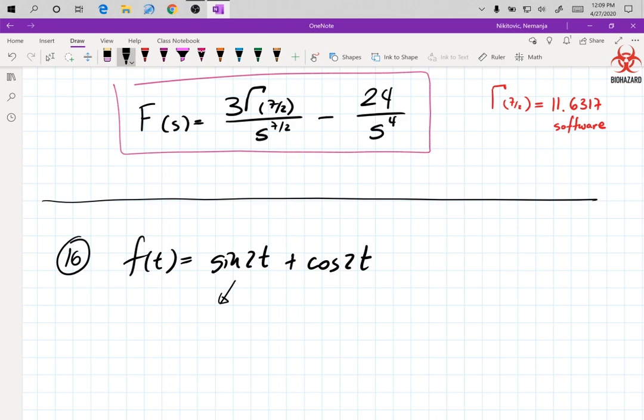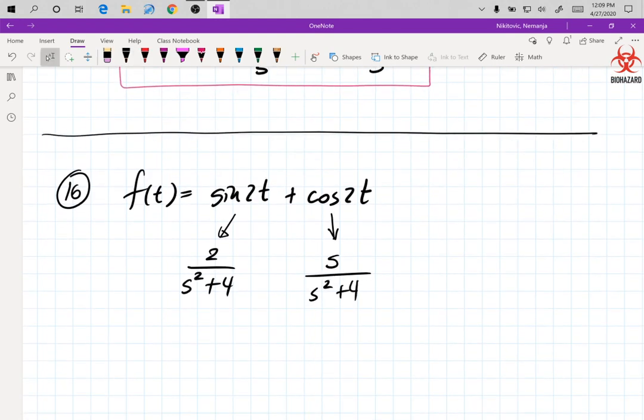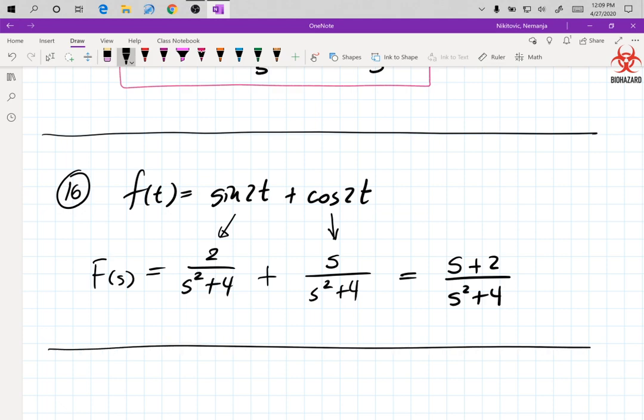This one will convert using the sine. Our k is 2, so it's 2 over s squared plus 4. And this one is s for a cosine over s squared plus 4 when you convert them. Well, we're done. Just put a plus in between, and that's your F of s. You just look at the chart. So the whole thing converts to s plus 2 over s squared plus 4. This one does not factor anything.